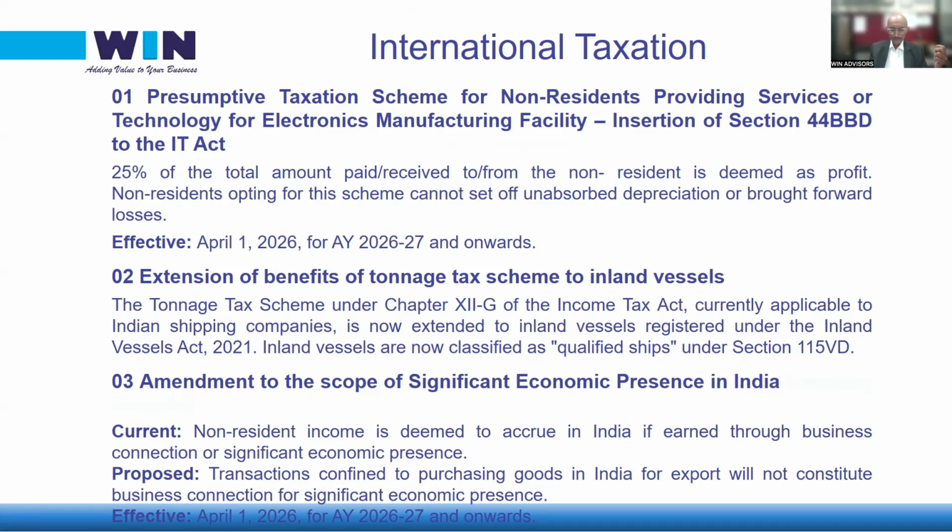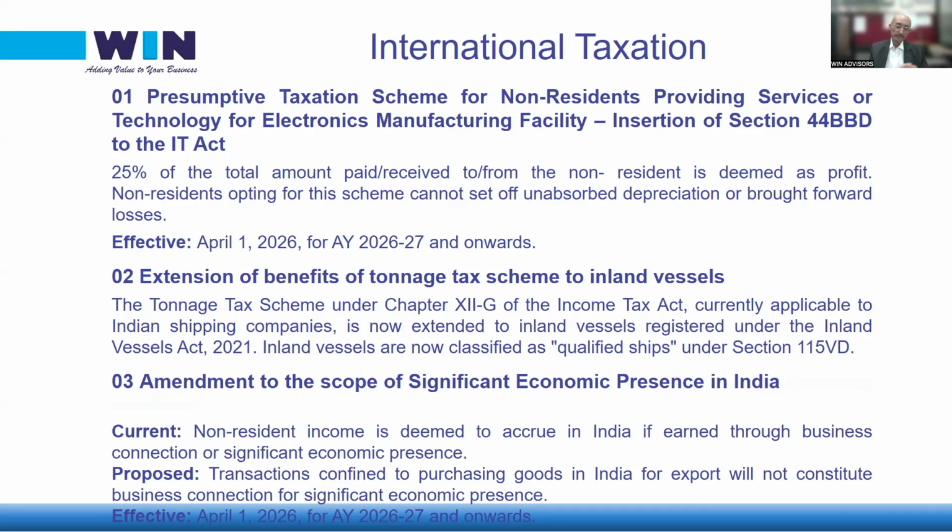One or two, like AIF taxation, where you are a registered AIF. There was some kind of confusion about whether the income of an AIF from selling securities is business income or not, while securities are basically a capital asset. There was no clarity about whether it's business, because the business of an AIF is to buy securities, invest, and sell them.